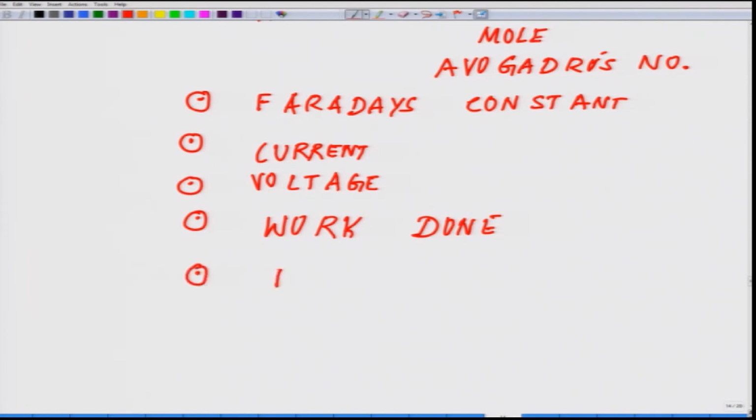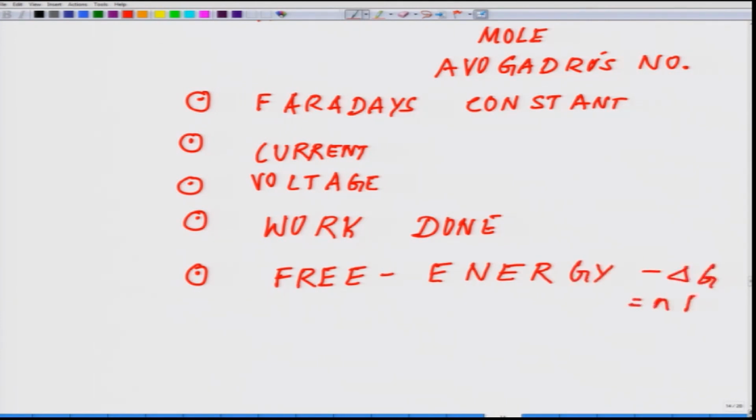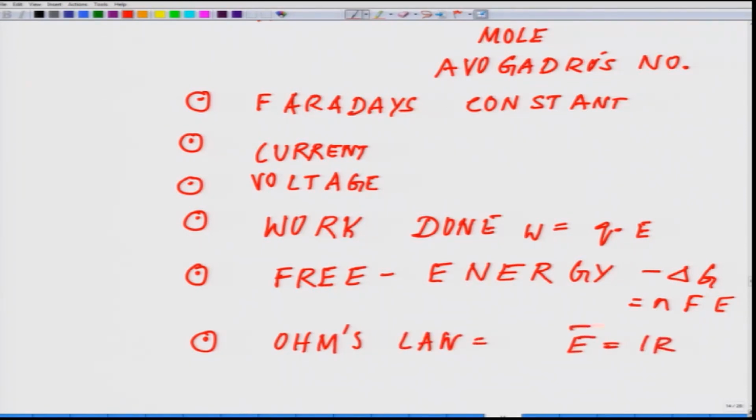Then the free energy change, represented by delta G, equal to minus NFE, and work done as W is equal to Q multiplied by E. And then Ohm's law, which is E is equal to IR, where E is the voltage.